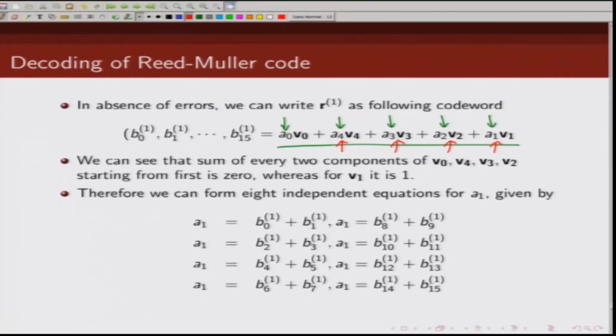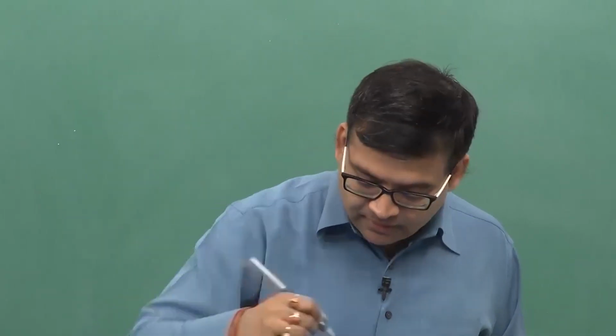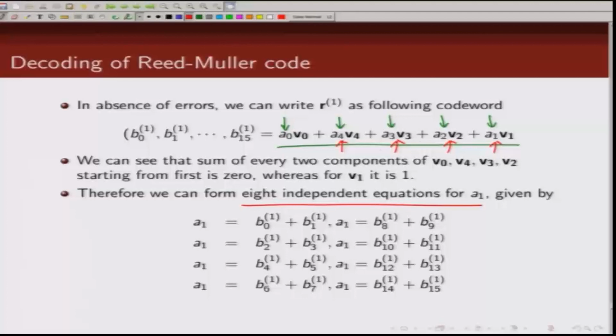I am getting 8 independent equations for A1, and again I will go for majority logic decoding. Whatever the majority are saying I will decide in favor of that, and the same procedure can be repeated to find out what A2, A3, A4 are.